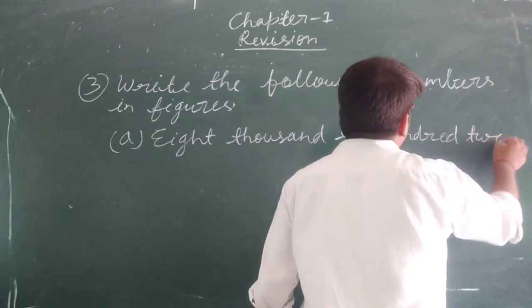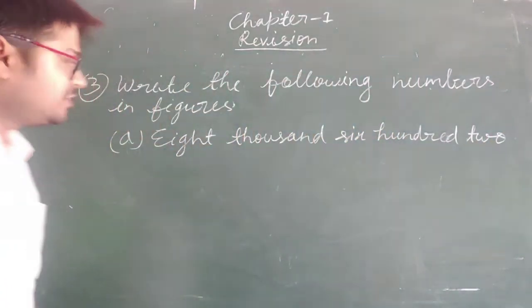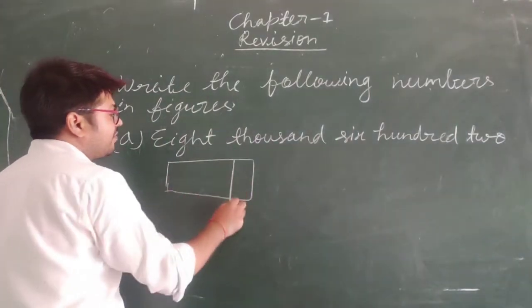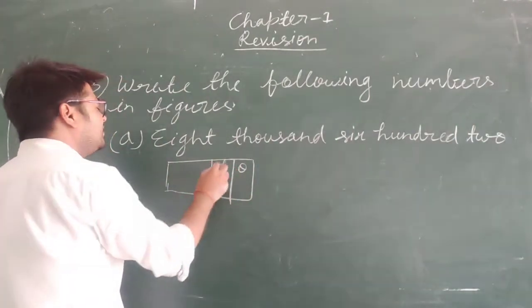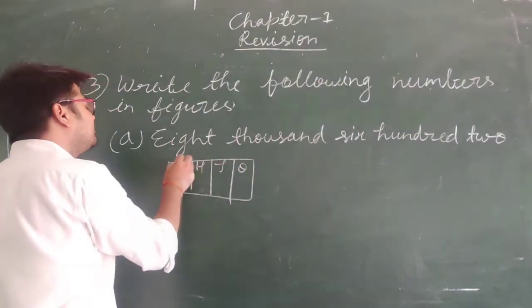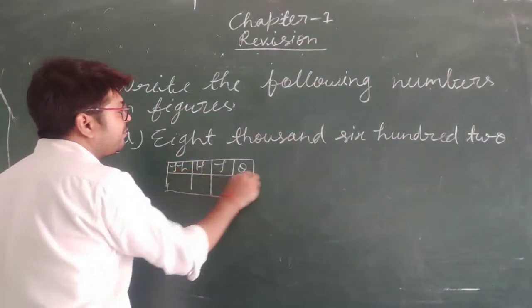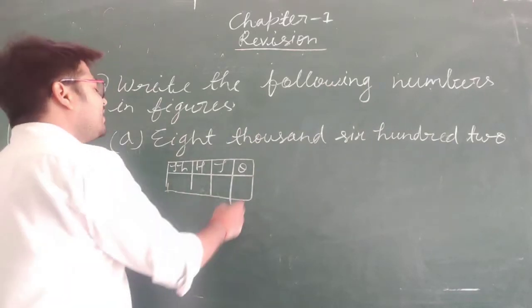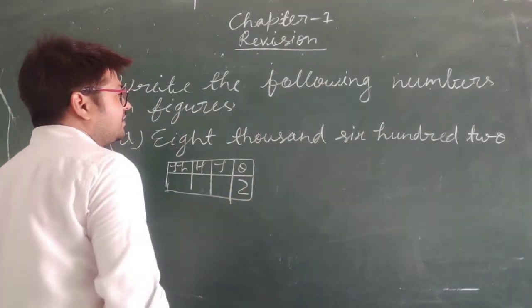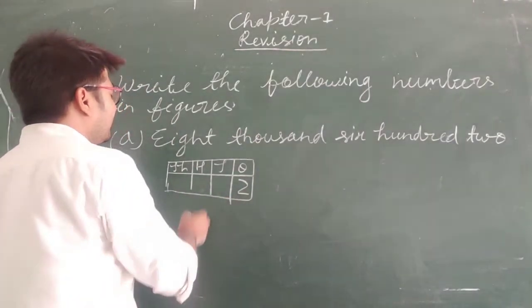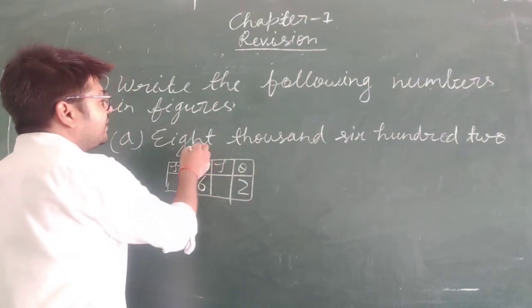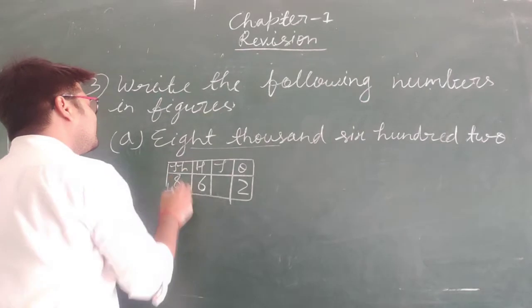602. So at first you will write in the place value table ones, tens, hundred, then thousand. So you have to see here, 2 is at which place? Ones place, and 6 is at 100 place, and 8 is at which place? 8 is at 1000 place.